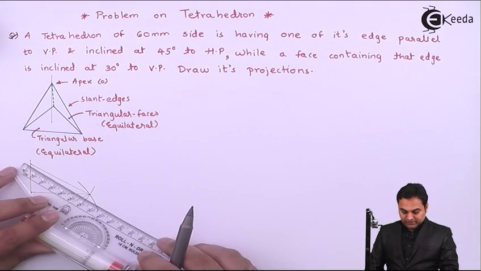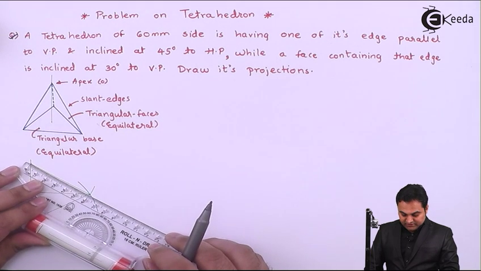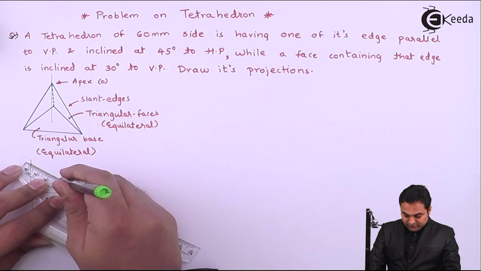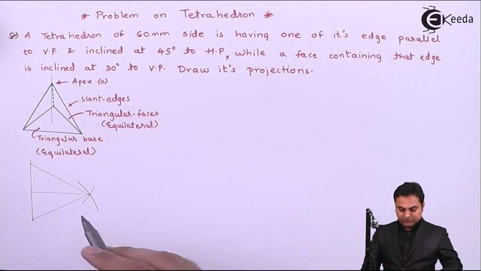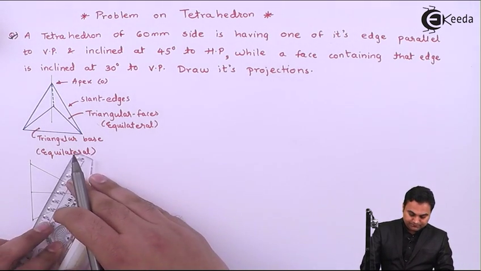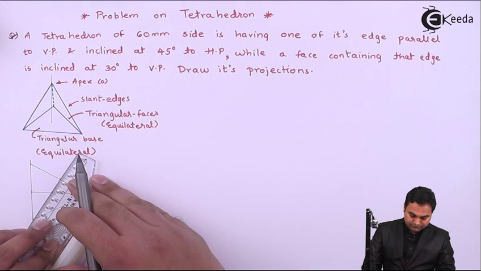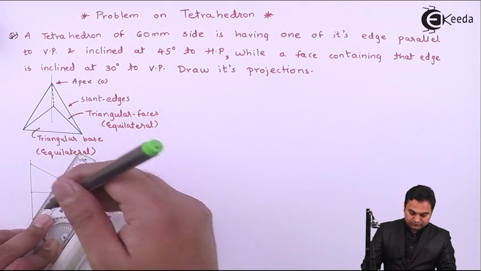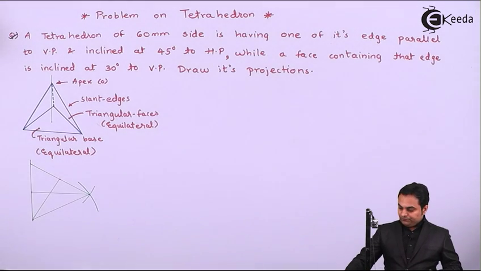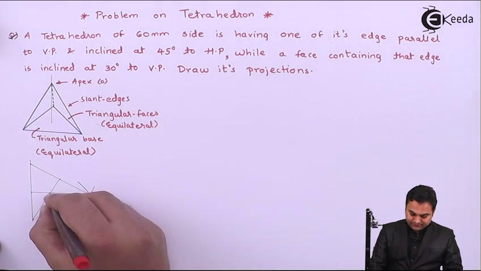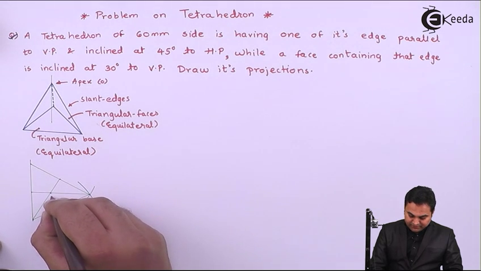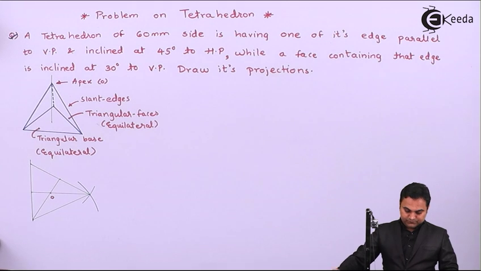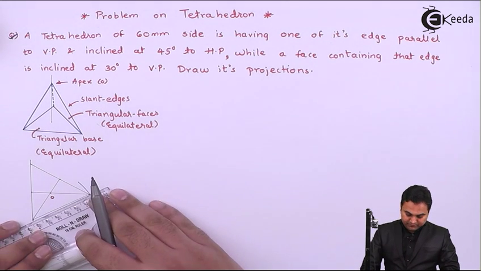Next, taking any one of the sides, taking its midpoint and joining to the opposite corner. Now wherever these two lines intersect, that gives us the apex. I'll make it dark.